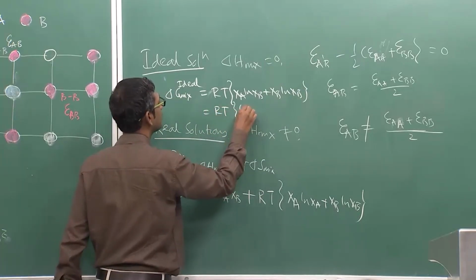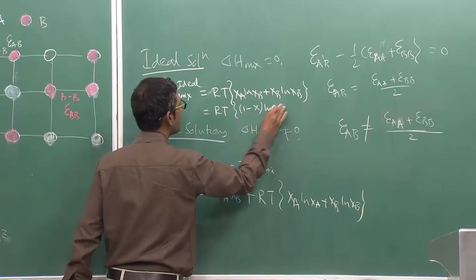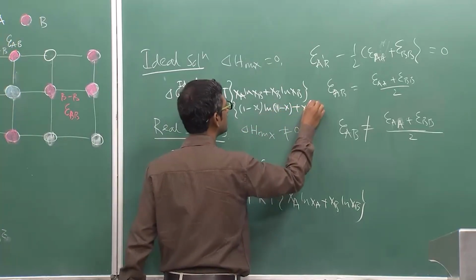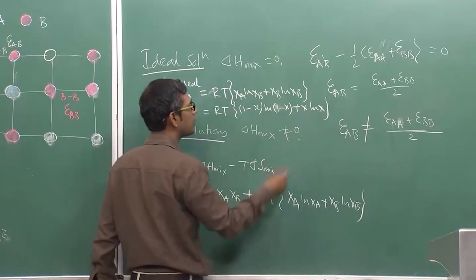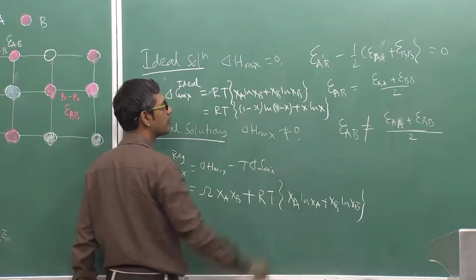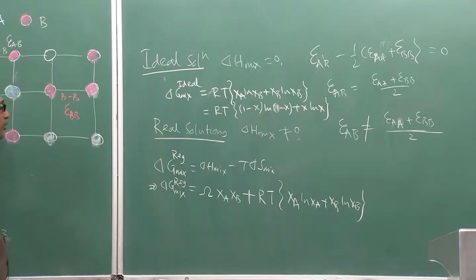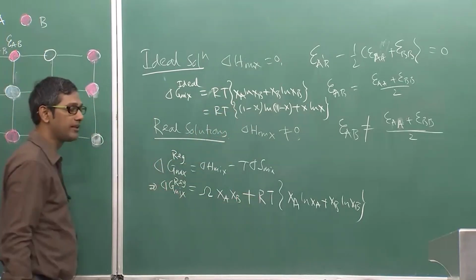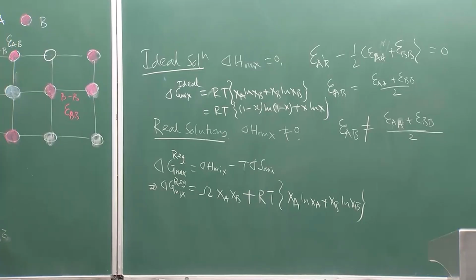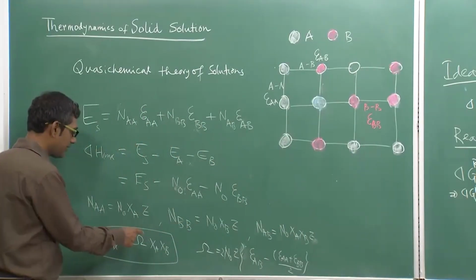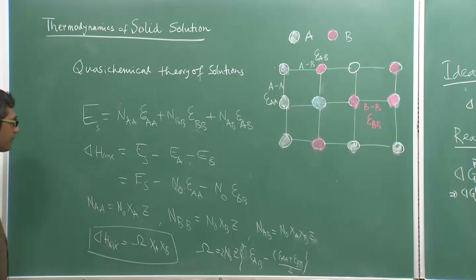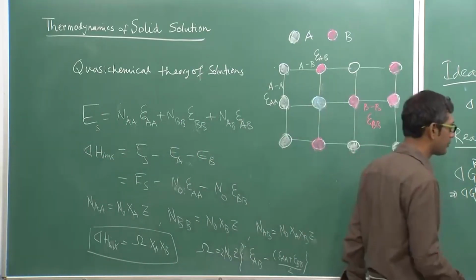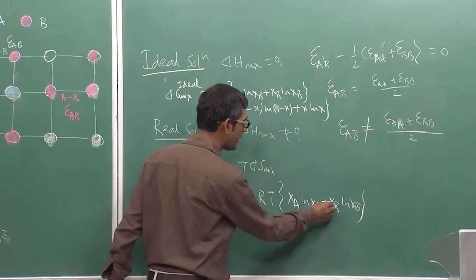So this is also correct, (1 minus X) ln (1 minus X) plus X ln X, because if we assume X as the mole fraction of B, then 1 minus X will be the mole fraction of A, as XA plus XB equal to 1. So this changeover is basically to facilitate your understanding that these two parameters, the mole fractions of A and B, XA and XB, must be visible separately so that you do not forget it. That is why I made a changeover.